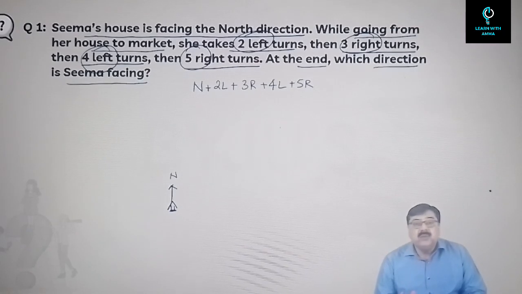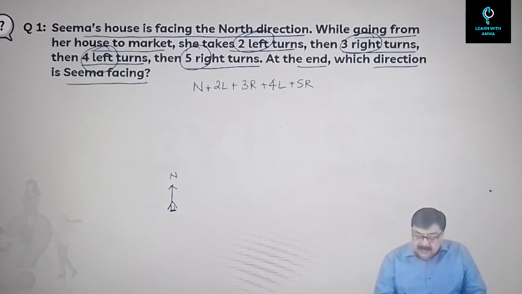Now, are you actually going to turn this person the number of times it is mentioned in the question towards left side or right side, 2 times left, then 3 times right, then 4 times left, then 5 times right? In that case, you will take a lot of time and this is a tedious process. So there are always going to be chances of committing an error.